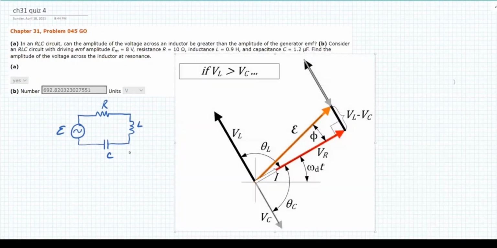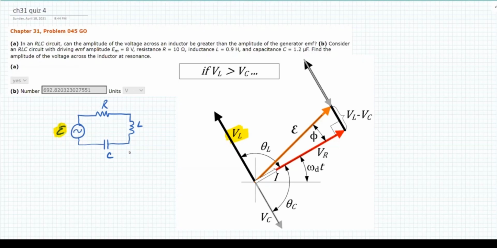For part A, the question is, can the voltage across an inductor, this voltage right here, ever be greater than the amplitude of the generator EMF?